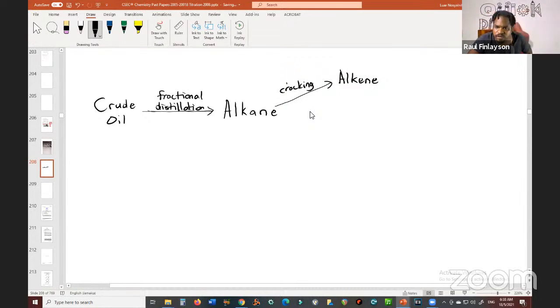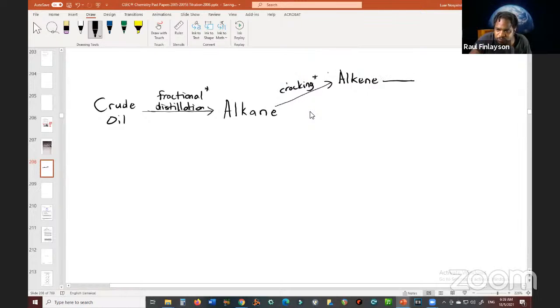By the cracking, we could also get a smaller alkane as well. I want you to understand the processes that they can ask in the exam. The keywords here are what I want you to focus on. When you crack a large chain alkane, you'll get an alkene plus a smaller alkane. But because we have alkane here already, you're not going to write that. What I'm trying to do here is to show you the reactions that they could ask you about in the exam. So when you have an alkene, you can do so many things with it.